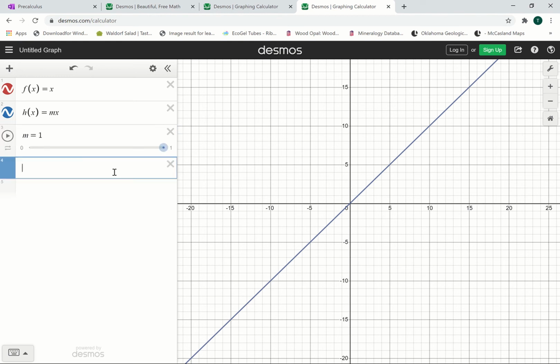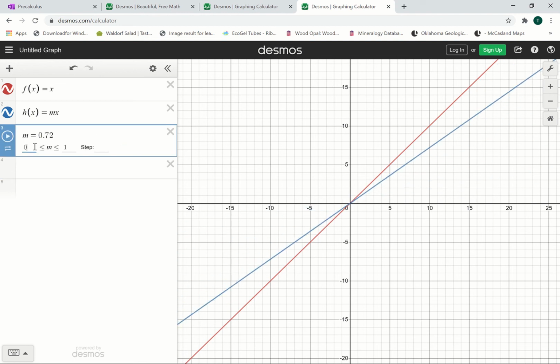This will show me what happens when m is a slope that is a fraction less than 1. Notice that the smaller we get, the closer we get to 0, the closer we get to being just the x-axis. So it's going to get flatter. The smaller the slope, the flatter it is.